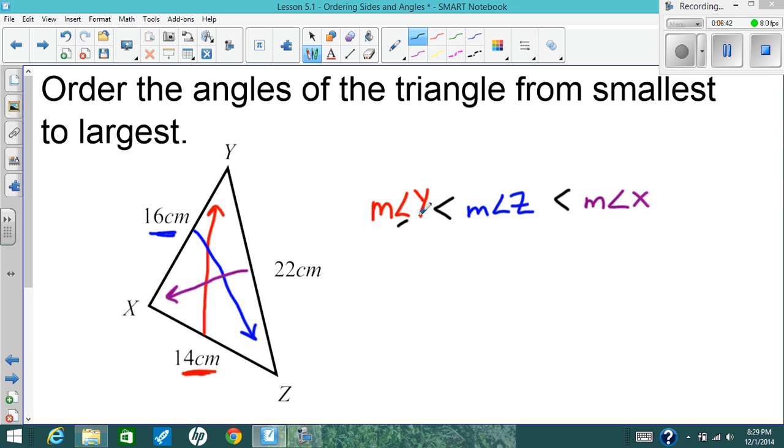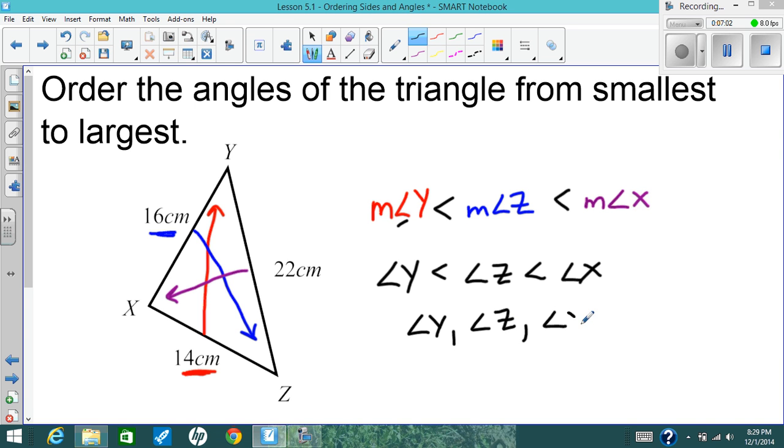The measure of angle Y is less than the measure of angle Z is less than the measure of angle X. You might see it this way, getting rid of the measure, or we can make a list. Angle Y, angle Z, angle X. Three different ways to show your answer to this problem.